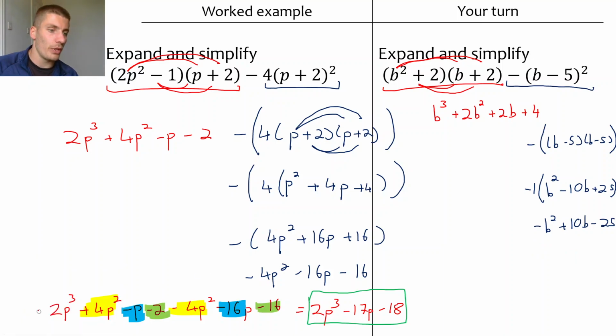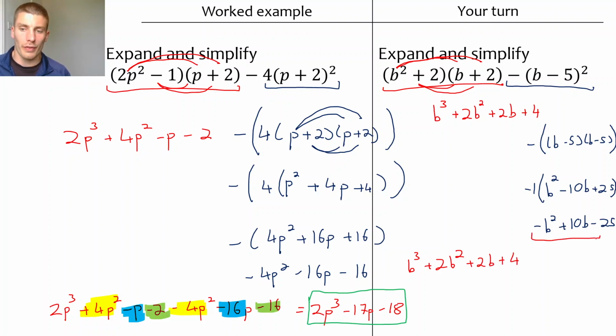We can bring it all together in one line and then begin to simplify things. Okay, so if we go and do that, bring this part down. So we've got b cubed plus 2b squared plus 2b plus 4. We've then got this part over here, which is minus b squared plus 10b minus 25. Okay, again, the really key thing is write this part in a big bracket, otherwise you'll get sign issues.